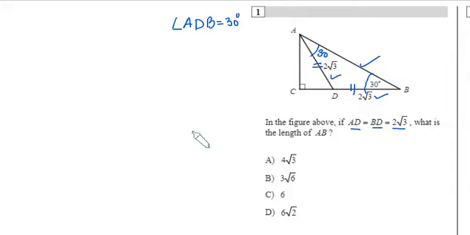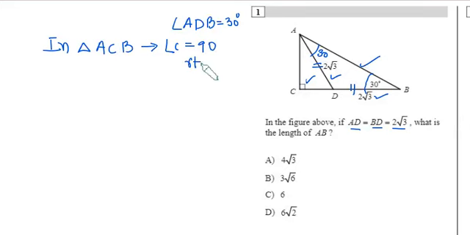Now if we consider triangle ACB, angle C is given as 90. So we can call it a right triangle.